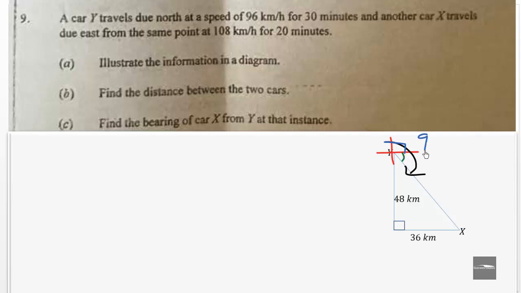So that is 90 degrees. So we need to calculate this small angle here.